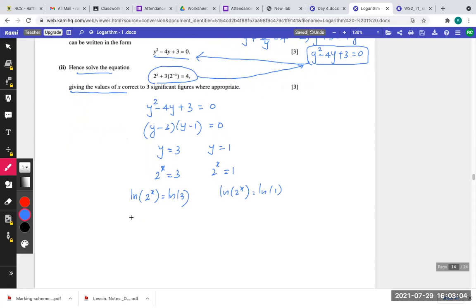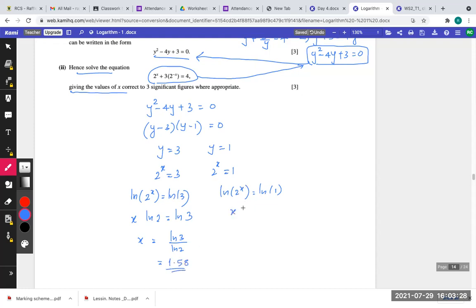So x ln 2 equals ln 3, meaning x equals ln 3 over ln 2. What is ln 3 divided by ln 2? That's equal to 1.58.